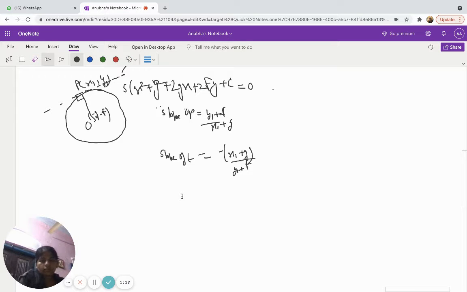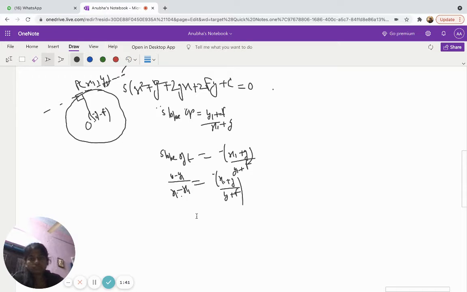So how do we find the equation of the tangent? y minus y1 upon x minus x1 equal to this slope, minus x1 plus g upon y1 plus f.